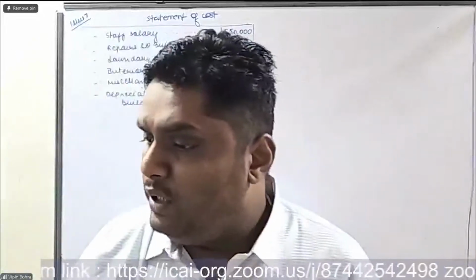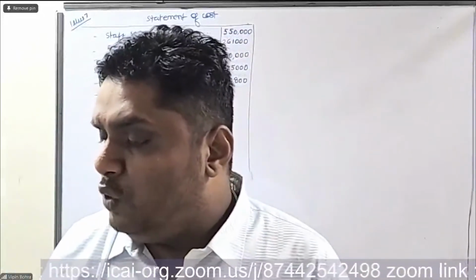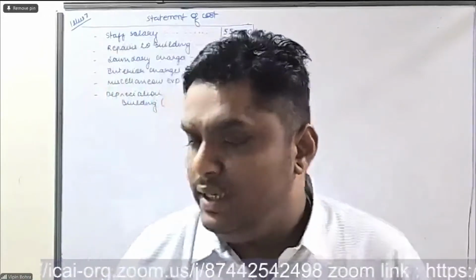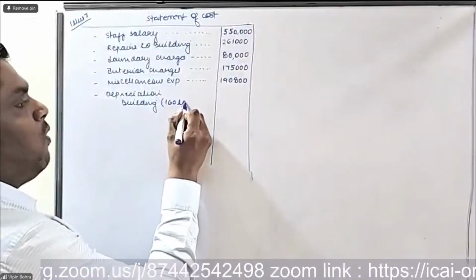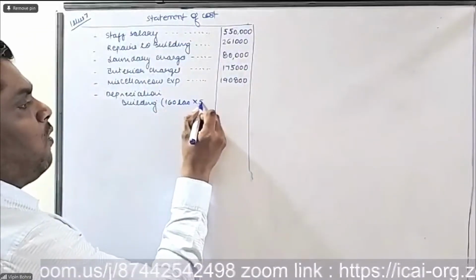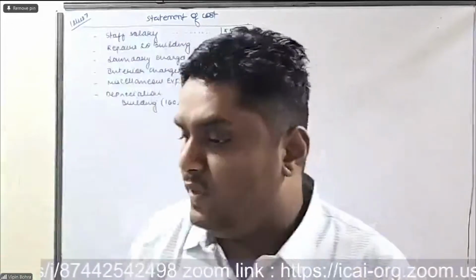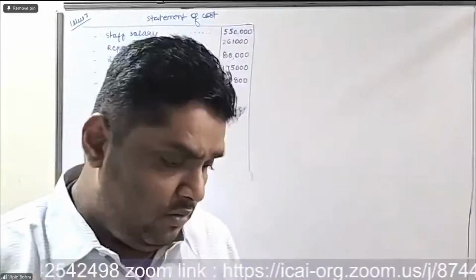So when talking about the total investment, it is given that the investment is of 200 lakhs, of which 80% relates to building. So 200 into 80%, that is 160 lakhs, into the rate of depreciation, 5%.